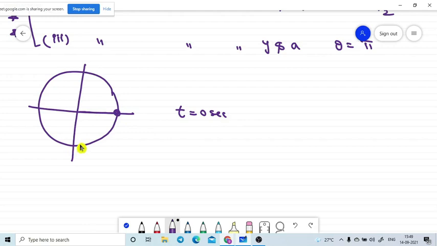Phase will be measured with the help of a reference line. So here I am taking the positive x-axis, the y-axis, the negative x-axis, and the negative y-axis. Phase means how much angle is made with the positive x-axis. Is there any angle here? Zero angle. Here theta is equal to 0.